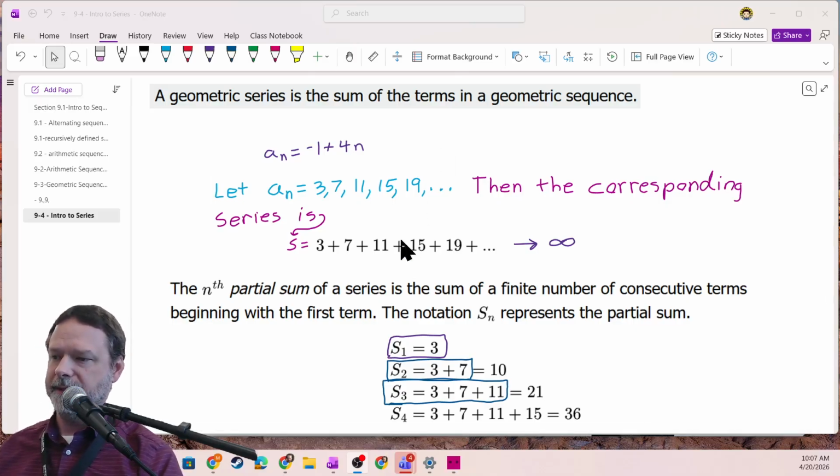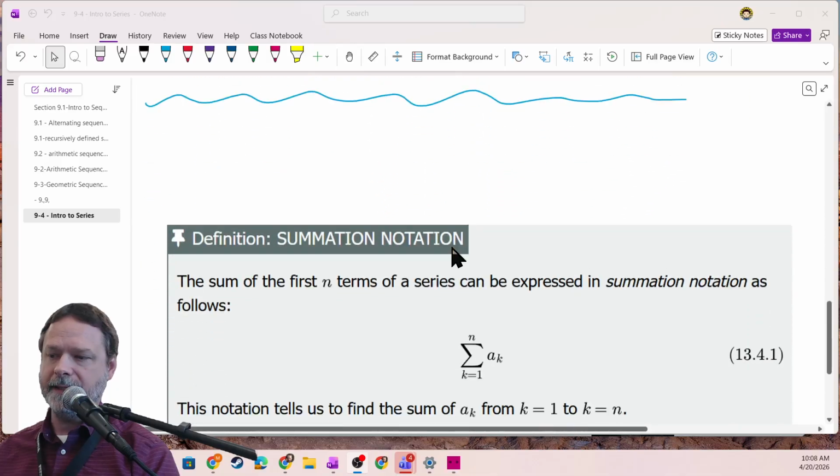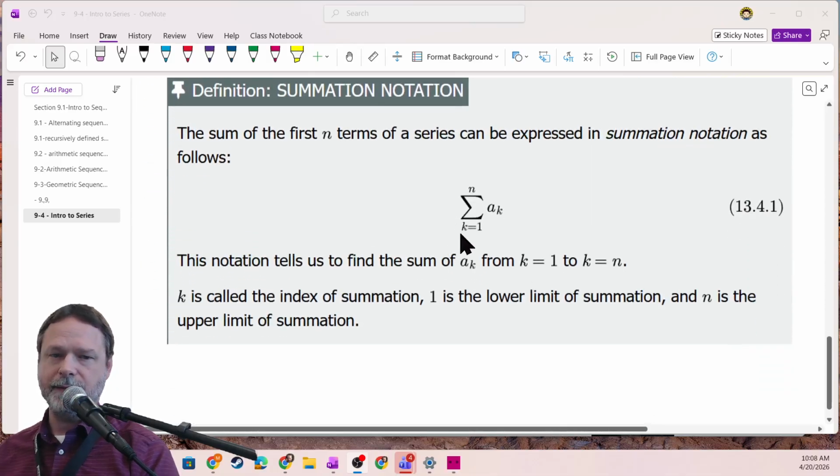If we're given a series, and we can see that it's an arithmetic or geometric sequence, or there's some kind of explicit formula for the sequence being added, we can write it in a different way, by using summation notation. And so here it is right off the bat.